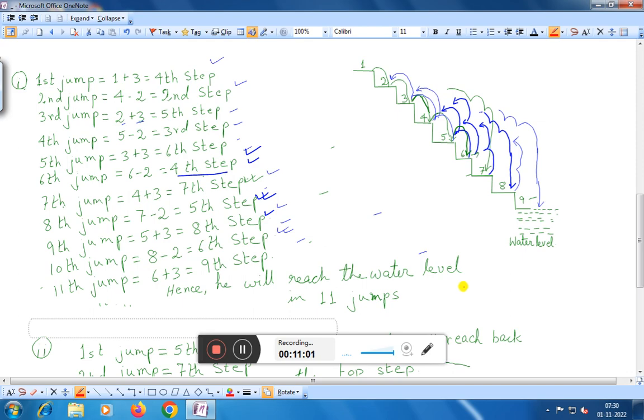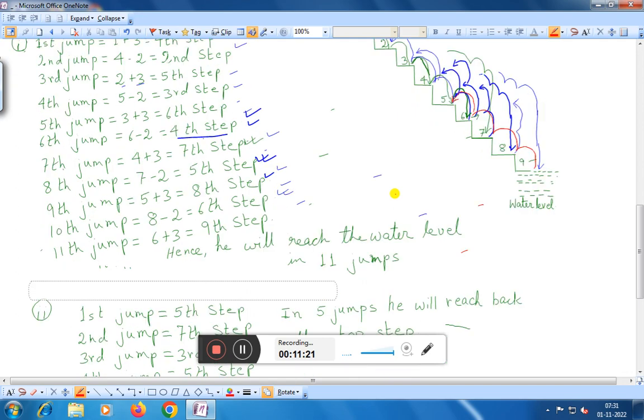That means here he was at 9. For 4 steps means 1, 2, 3, and 4. He goes to the 5th step, right? In the first jump, he goes to the 5th step.